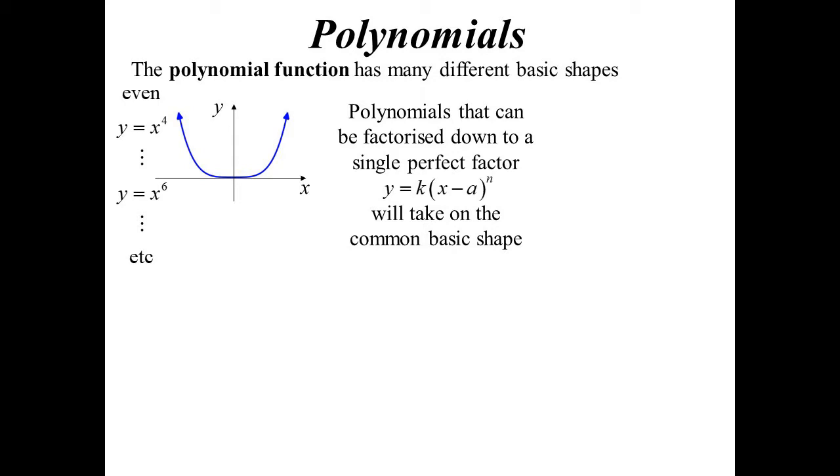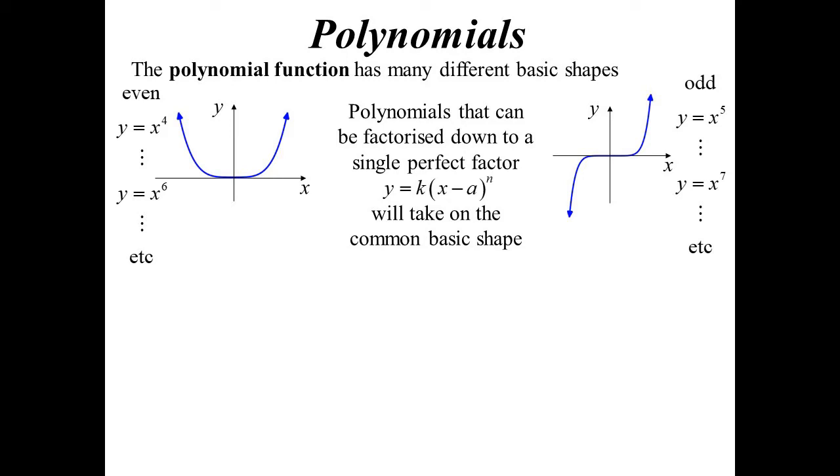But what happens is, as the power gets bigger and bigger, then the shape gets steeper at the sides and shallower at the base. So I've sort of tried to exaggerate that a bit with my diagram there to illustrate how the base is a lot flatter and the sides are a bit steeper. And the same with odd ones, it will take the basic shape that our basic cubic is.